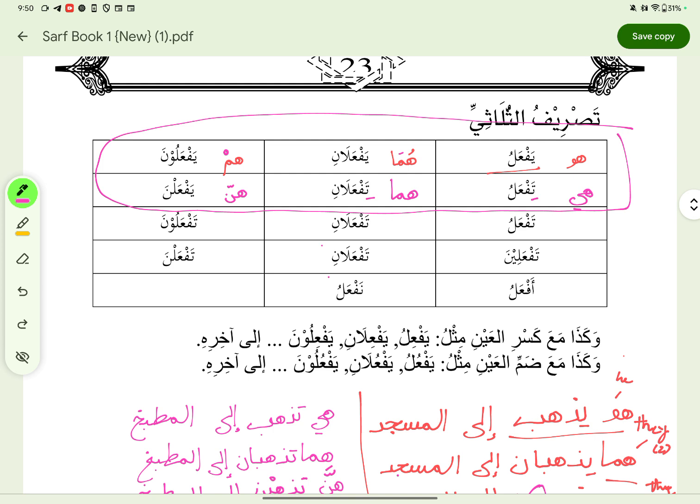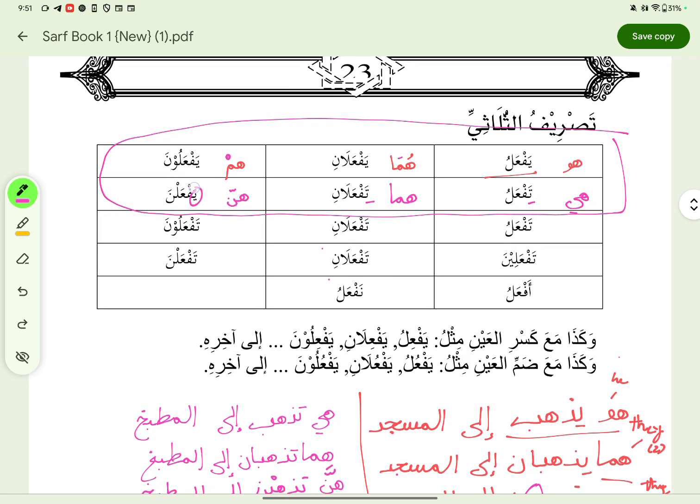Or يقرؤون, both of them are correct. هي تقرأ. أحسنت. هما تقرأان. أحسنت. هن يقرأن. Yeah, يقرأن. أحسنت.